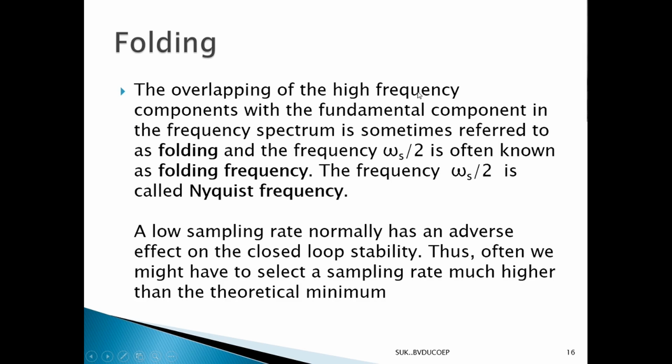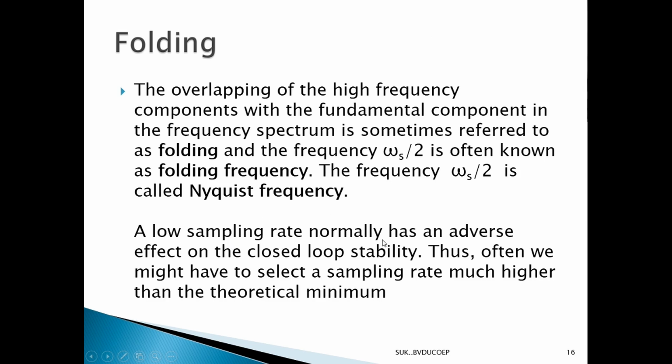The overlapping of the high frequency components with the fundamental component in the frequency domain is referred to as folding. The frequency Ws by 2, half the sampling frequency, is often known as the folding frequency. The frequency Ws by 2 is called the Nyquist frequency. This will be understood from the waveform afterwards.